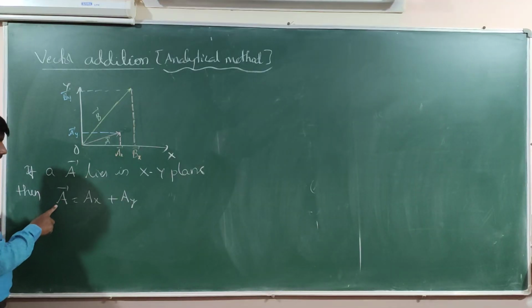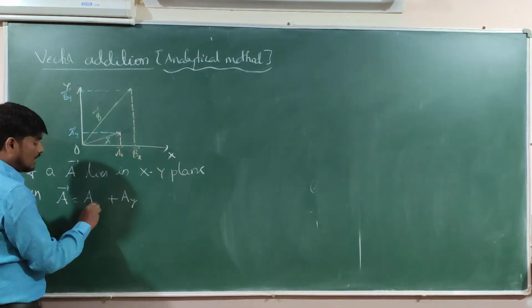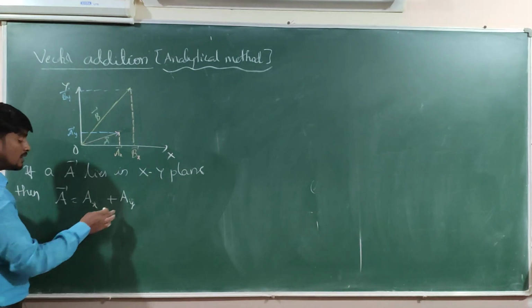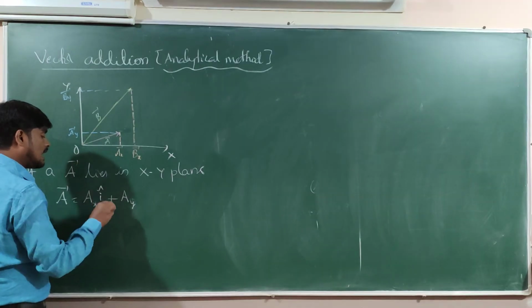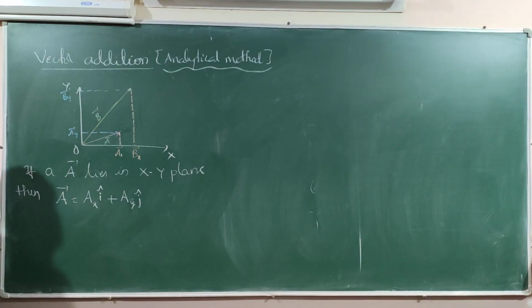Here I wrote vector A, and here Ax, Ay. Ax indicates along the x axis, Ay along the y axis. These are the magnitudes, and i cap and j cap are the unit vectors along the x axis and y axis.